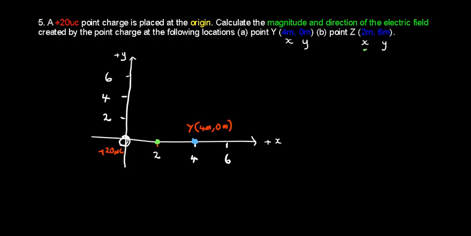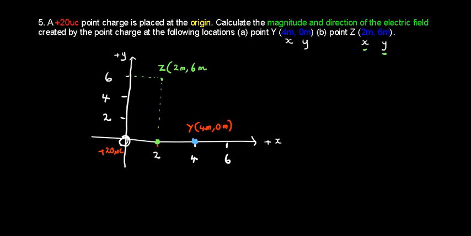So we go up, trace it up. This is the Y at this point, and it is 6 meter. So here our Z will be here: 2 meter, 6 meter.